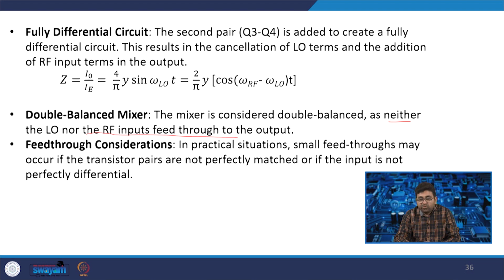In a practical situation, a small feed through may occur, because the transition is not perfect. At one point of time, it acts as a differential amplifier and will amplify the signal for a very small duration of time, so you will still get LO or RF feed through because it is not completely switching for the entire cycle. That is why feed through will always be there in a practical situation.